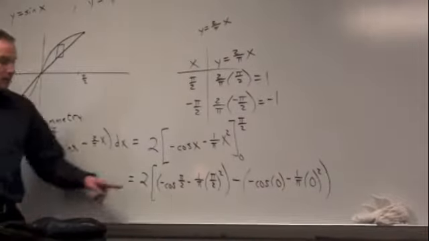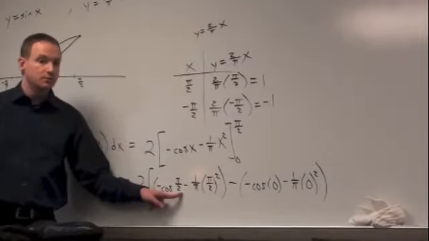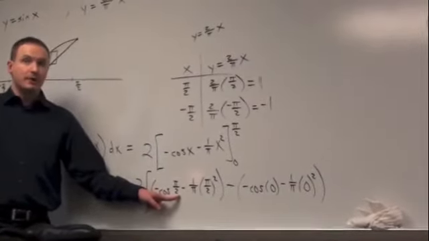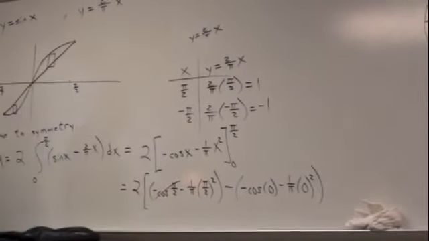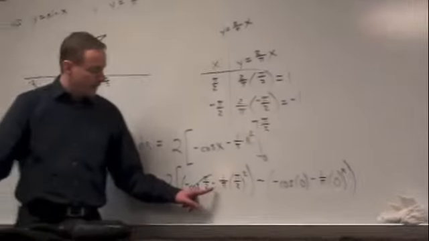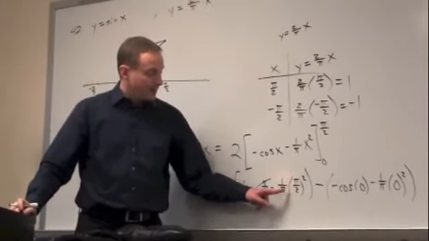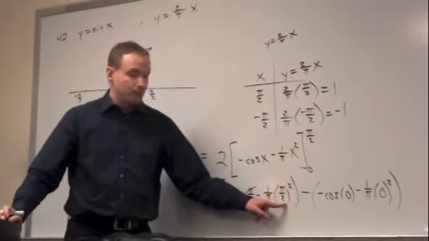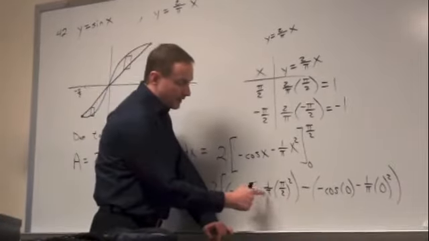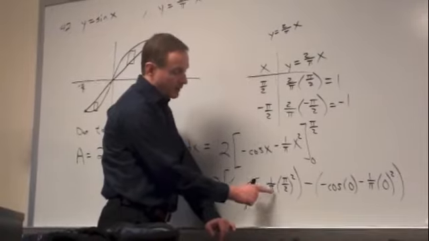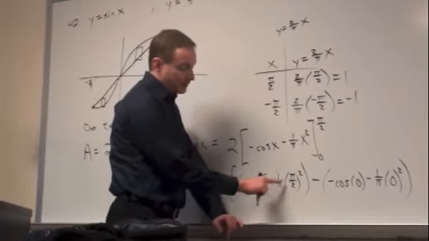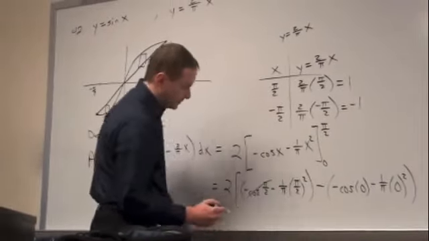Okay. Cosine pi over 2, the x value on the unit circle at pi over 2 is 0. Nothing there. So I'll have left minus 1 over pi times pi squared over 2. This pi is going to cancel out with one of those pi squareds. And so I'll say I'm going to have left negative pi over 2.